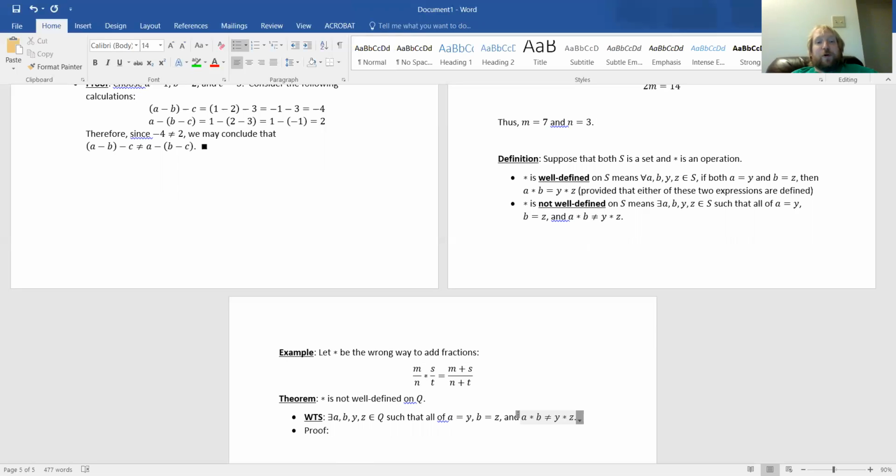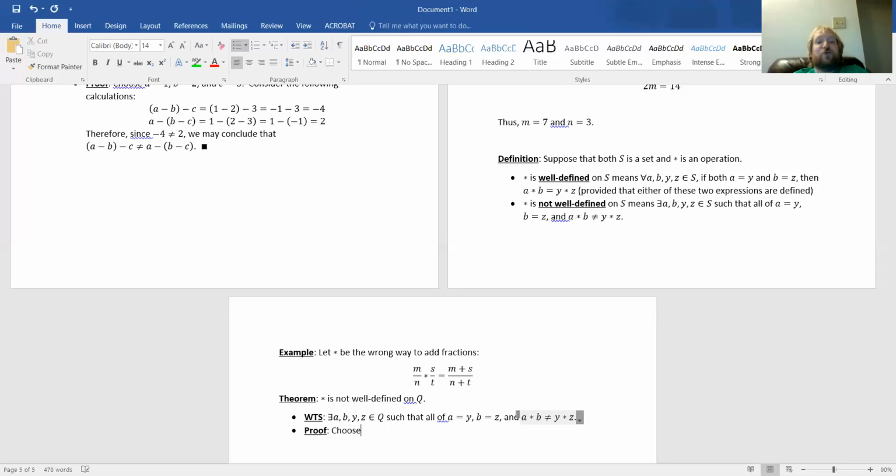Because we're proving a statement with an exists quantifier, we are going to pick four rational numbers. But we can't pick just any old rational numbers. We have to be a little bit careful, because the A and the Y we pick have to equal each other, and the B and the Z that we pick have to equal each other.